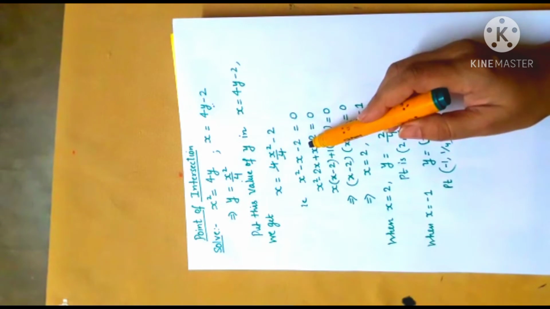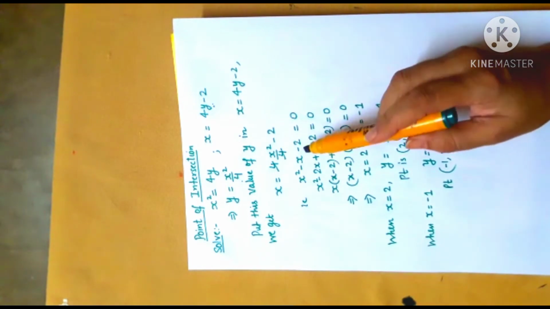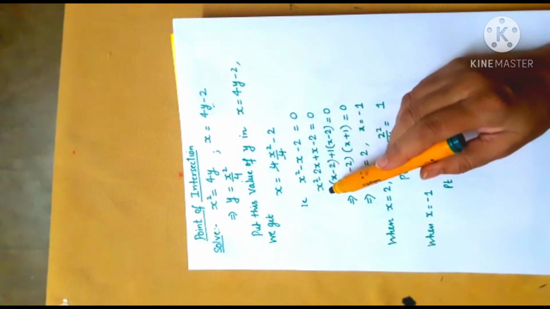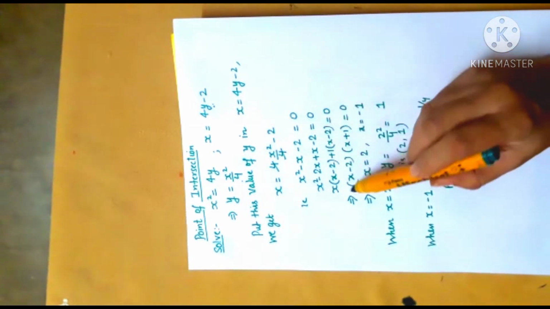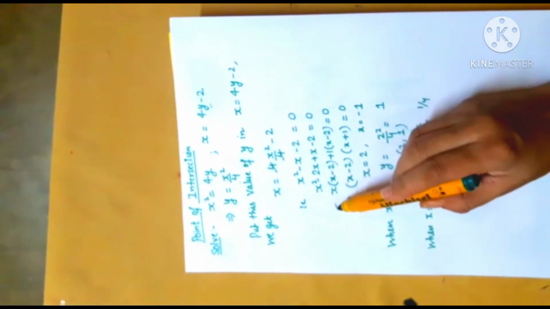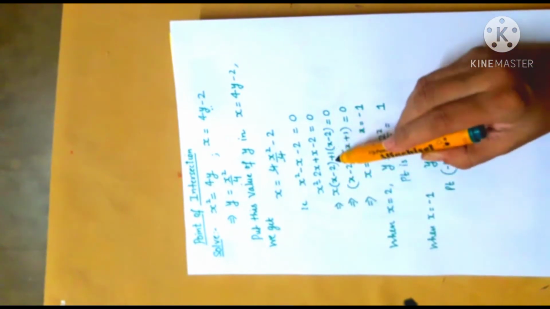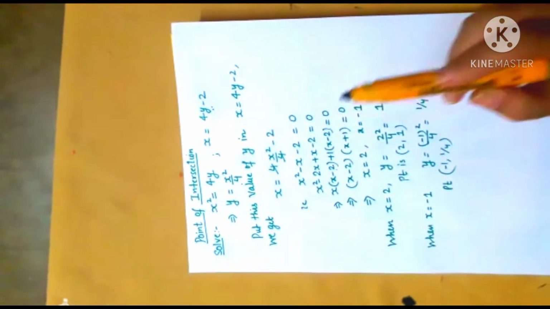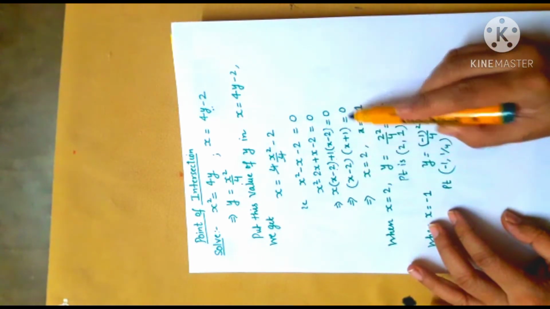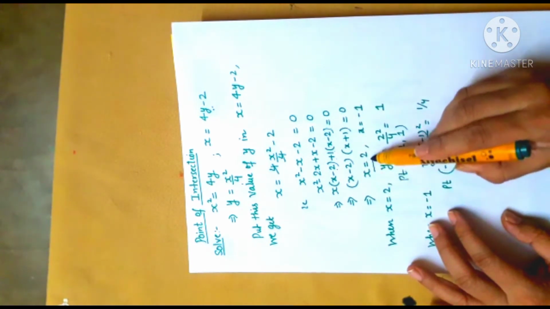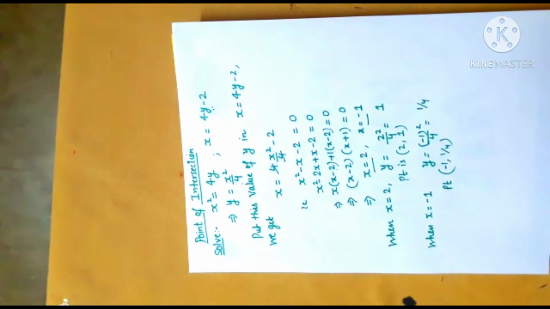I'll solve this using the factorization method. So I'll split the middle term: x square minus 2x plus x minus 2 equals 0. That is x into x minus 2 plus 1 into x minus 2 is 0. This implies x minus 2 into x plus 1 is 0. That is, x is 2 or x is minus 1.